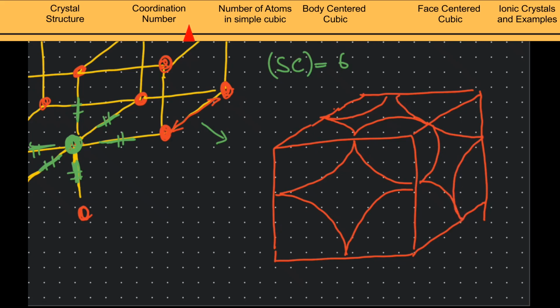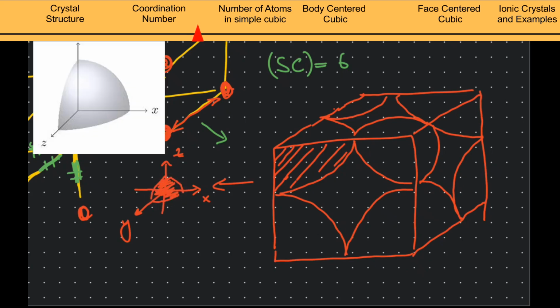So this is our corner, right? If you look at the atoms at the corner in the XYZ direction, we have only this part. So this is 1/8 of the atom.